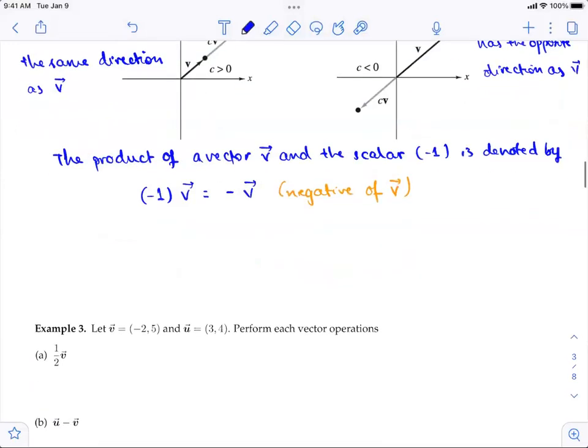Okay, so now we want to do vector subtraction, or the difference of two vectors. So the difference of u and v is that u minus v is equal to u plus negative v, right? So instead of doing subtraction, you actually perform a vector addition. You just add the negative of a vector, right?